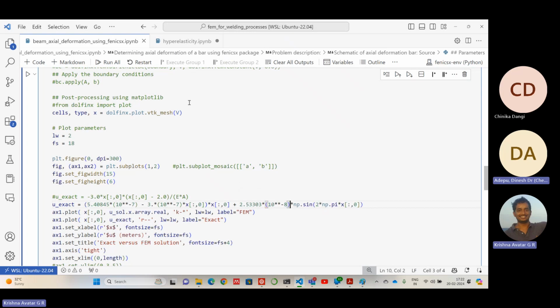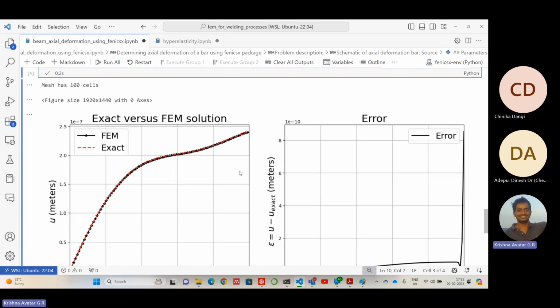Yes, I hope this works this time. You see, right? Oh, it's matching. Excellent. So with this we are done with our problem.